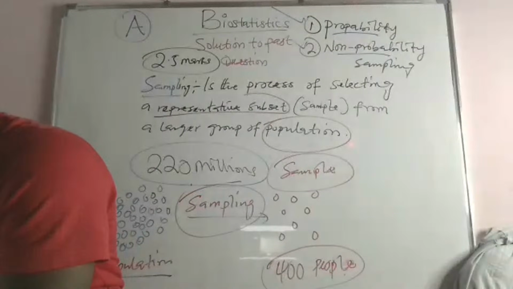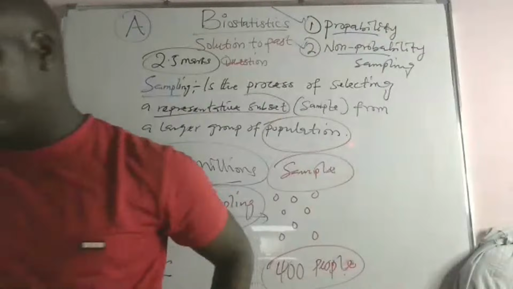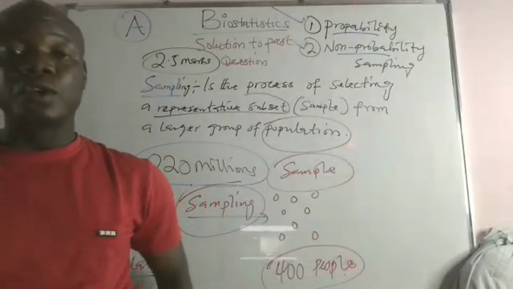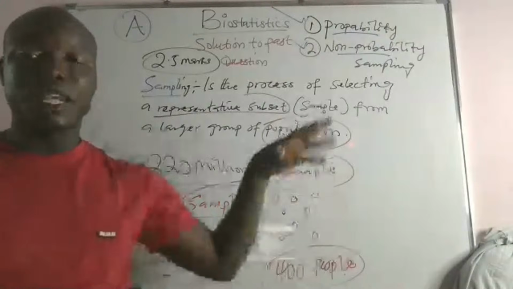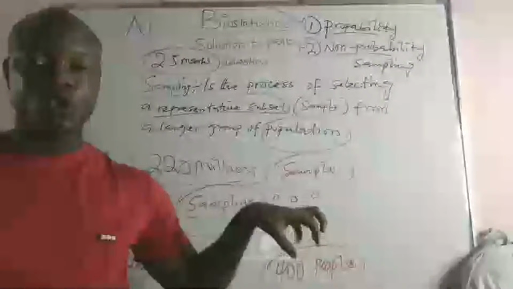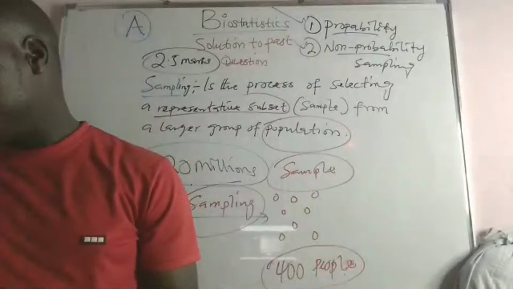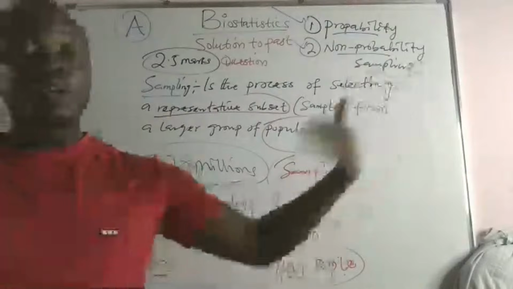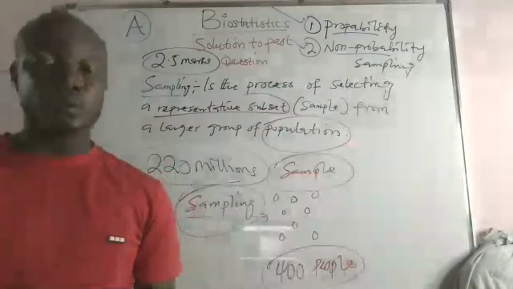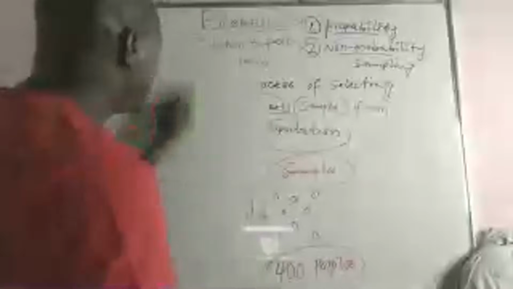So I think what I'm going to do, although I have videos on sampling, let me just briefly look at, at least even to mention, the different types of probability sampling, so that whenever it comes to this, you will be able to know that okay, this is probability and this is non-probability.